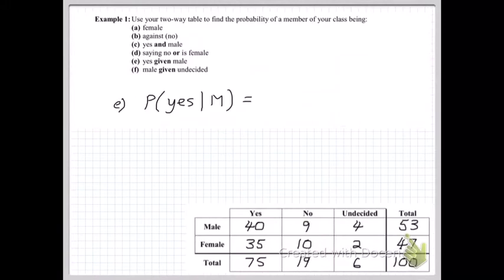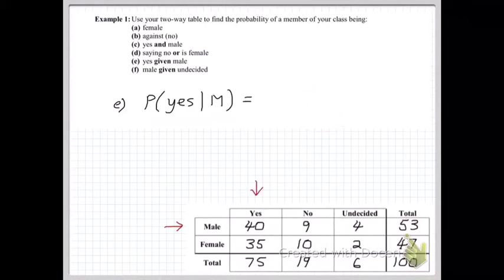So now we look at the first example that has a condition on it. What's the probability of someone saying yes given that they are male? Now, if we're given that they're male, we're no longer working with 100 people. We're working with 53 people. So this is a subset of the original sample space. So they have to be male.